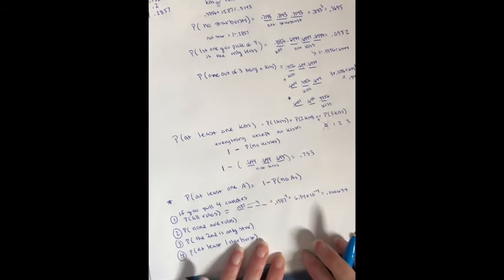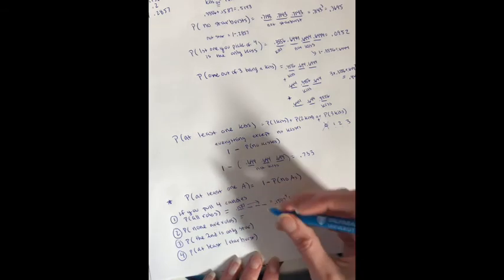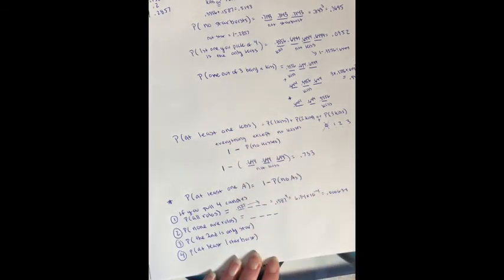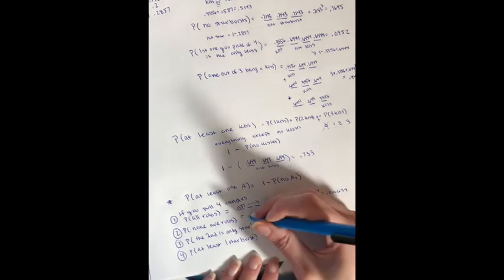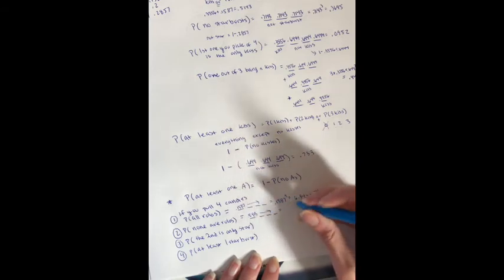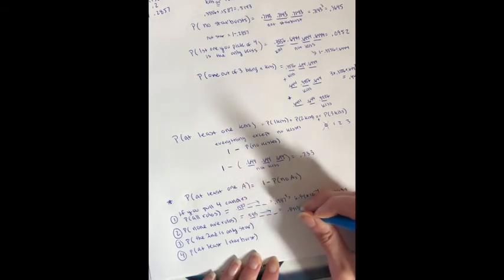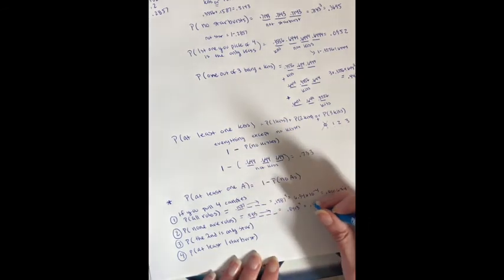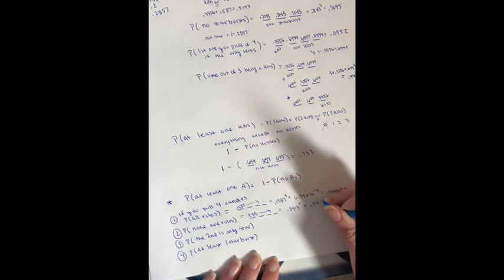Okay, non-Rolos means not Rolos 4 times. So not Rolos is 1 minus 0.1587, 0.8413, to the 4th power. And that's 0.501.